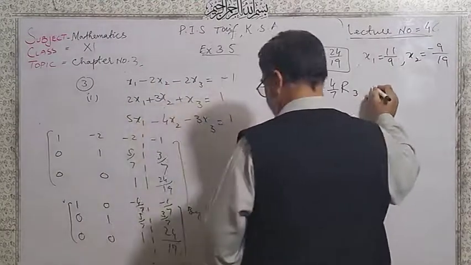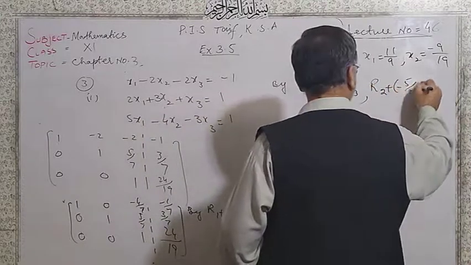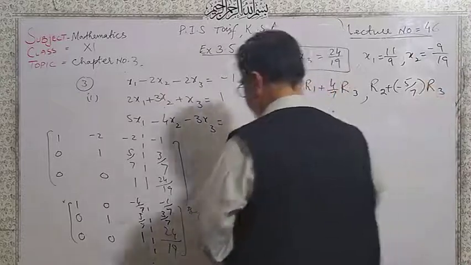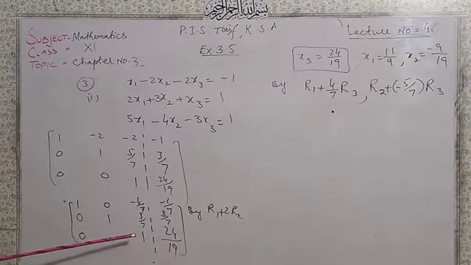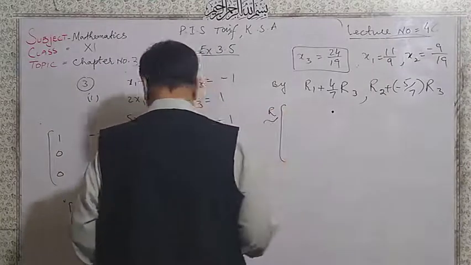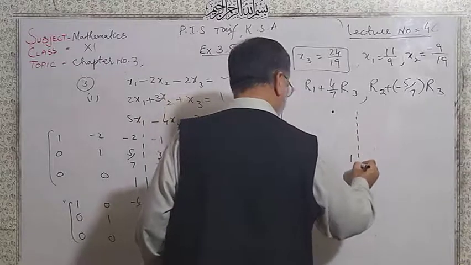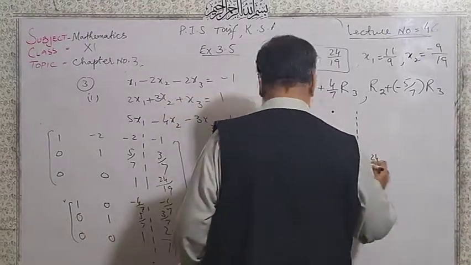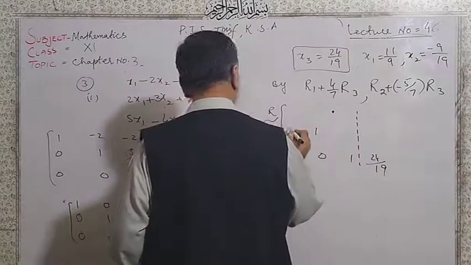Similarly, R2 plus minus 5 over 7 R3. Remember that when this is multiplied by 4 over 7, it becomes 0. Here will be 0, 0, 1, that is 24 over 19, and 0, 1.